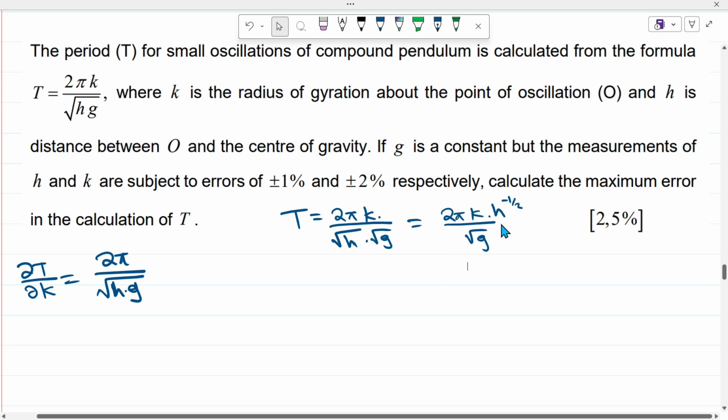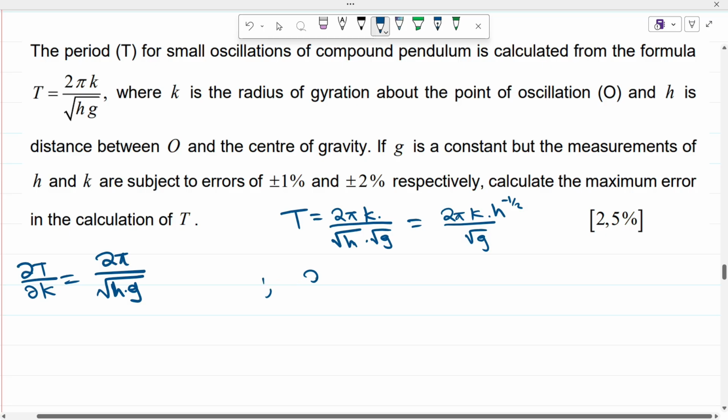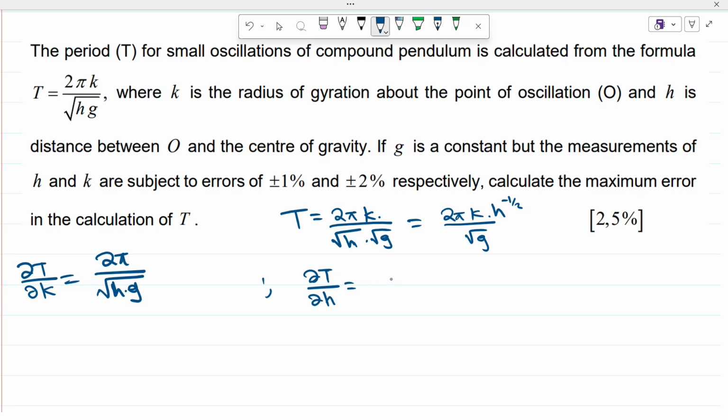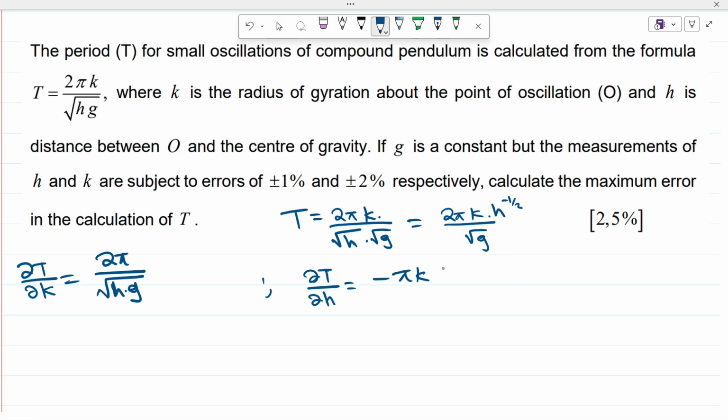So now I'm going to differentiate partially with respect to h. Negative 1 over 2 will multiply here, so 2 and 2 will cancel out. You will end up getting that the partial derivative of t with respect to h is equivalent to negative pi k, and then you subtract 1 from negative half, you will get negative 3 over 2.